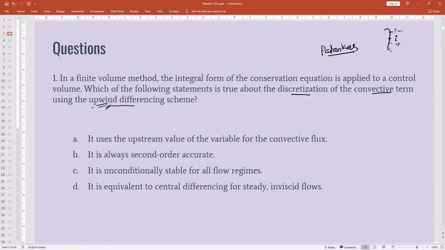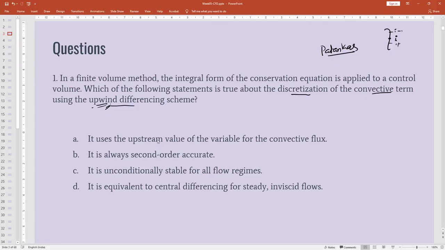So upwind means upstream, and downwind means downstream. You can imagine it like that. So this upwind scheme can be easily connected to our forward and backward schemes using the upstream or downstream of a flow, like a waterfall or something. That is it. So it is about the convective term.